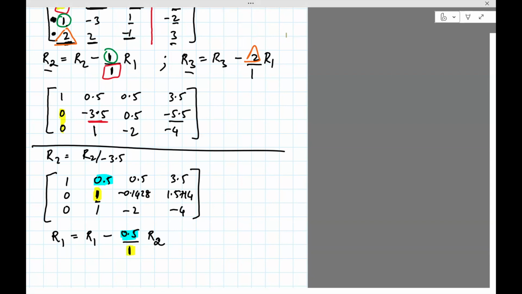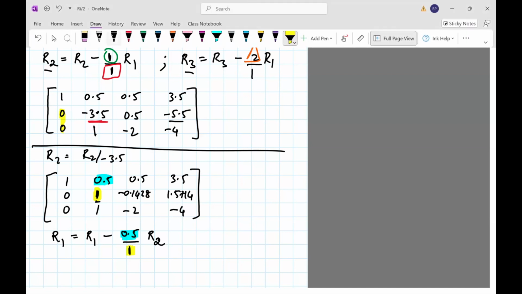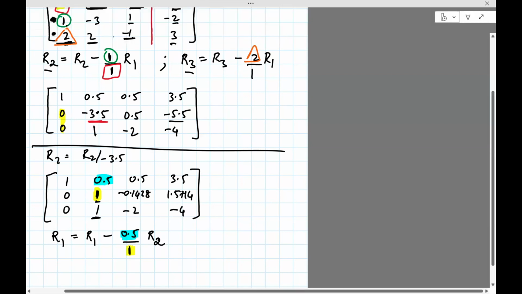So hopefully you can make the connection now. If I do that, I'll invariably end up with a 0 in row 1, column 2. Next, in order to get rid of this one, make a 0 over there, I do row 3 equals row 3 minus, again, this pivot goes down, and then this one will go here times row 2, right?